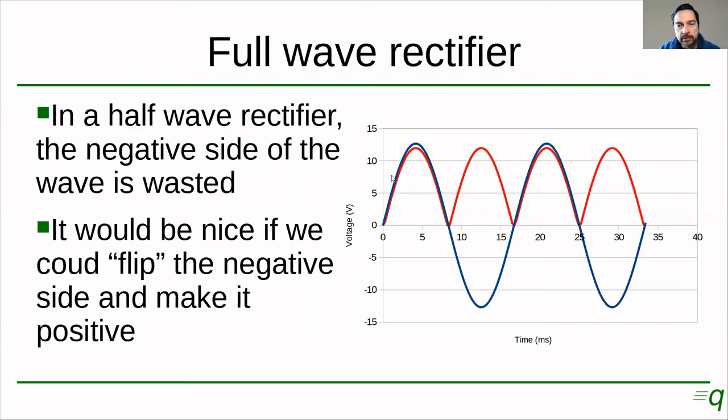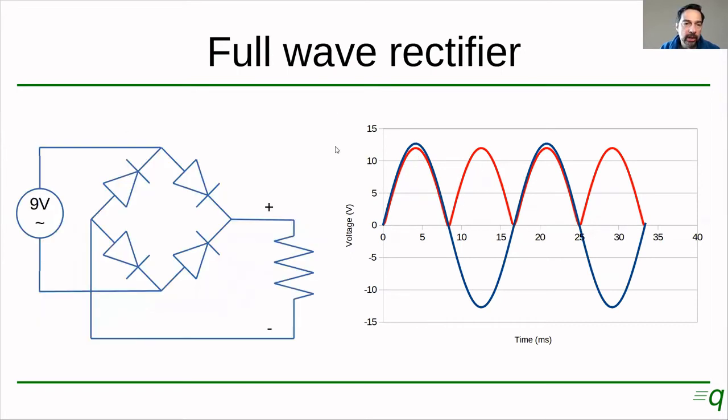So in this case, even without a capacitor to filter the output, this would be 0 volts, but only for a tiny fraction of a second, instead of being 0 for a full half cycle. Okay, so a full wave rectifier is something that actually exists and does this.